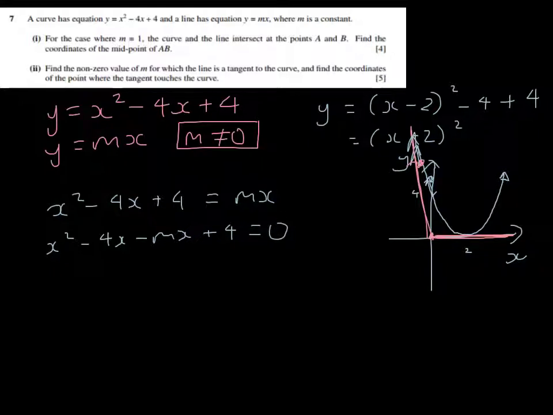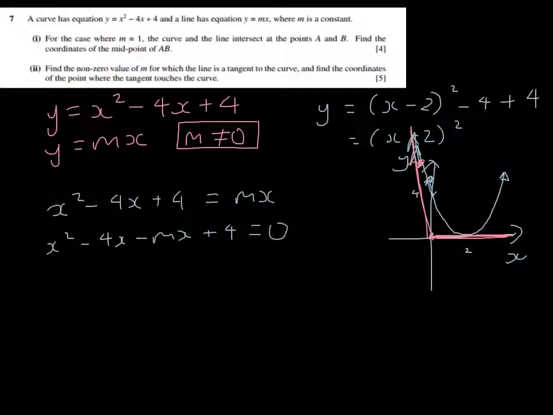In this case, because of this m sitting here, we can't just factorise it and get concrete numbers at this stage because we don't have the value of m. But we know that for this to work there should only be one solution, so that we only get the one place where it intersects.